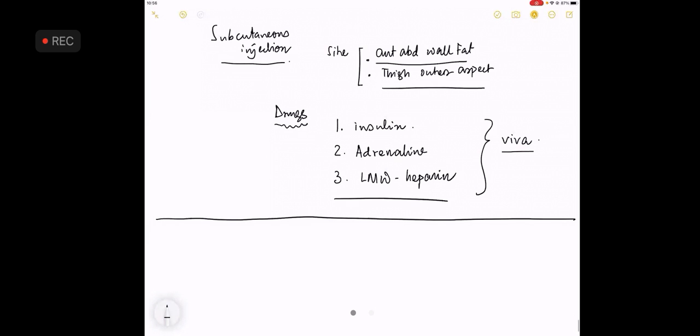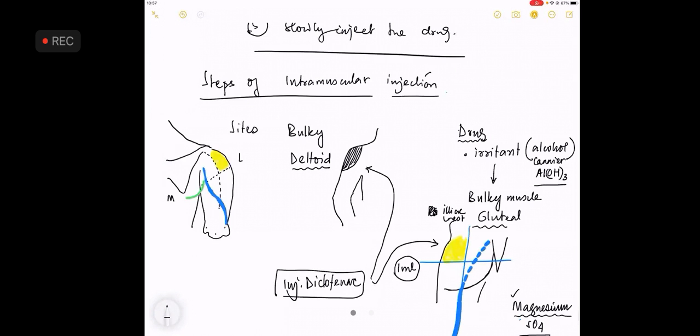The last type is something called an intradermal. Remember that subcutaneous needs a needle size of 24 to 26 gauge. Oh no, sorry, gauge, not French, sorry. Intradermal needs 26 to 30 gauge. Intramuscular needs 20 to 22 gauge, which is technically a pink colored needle.